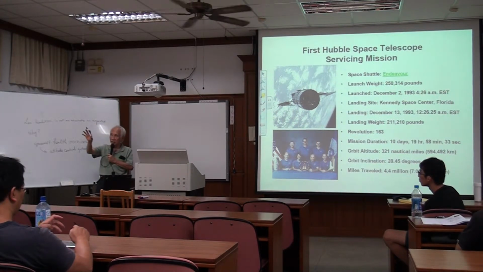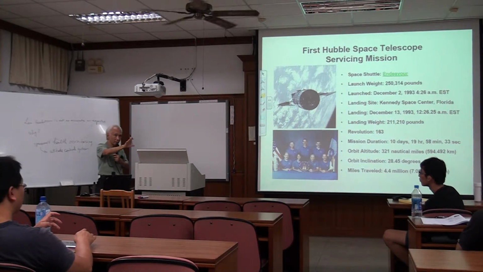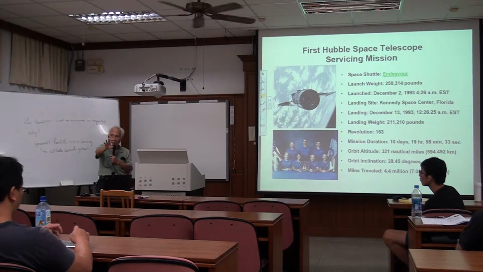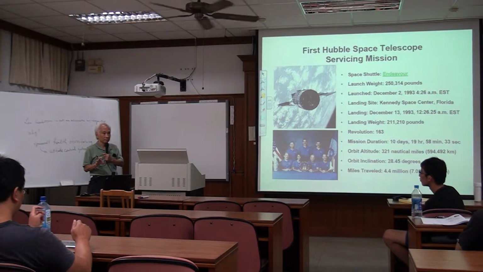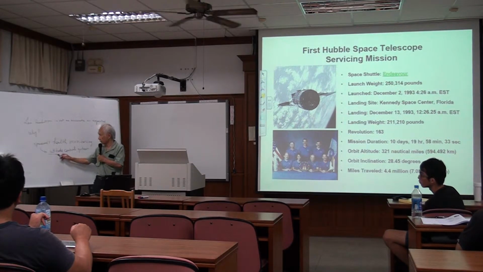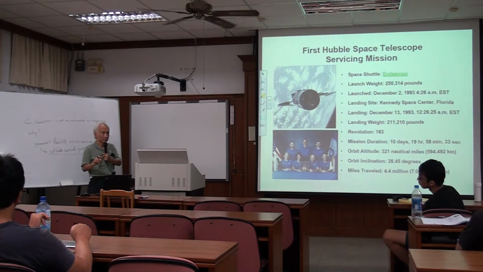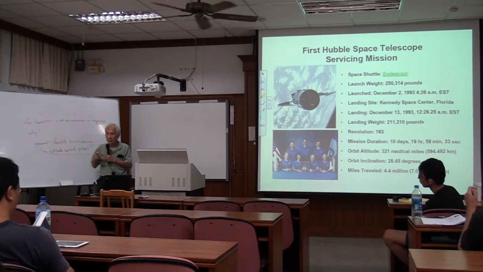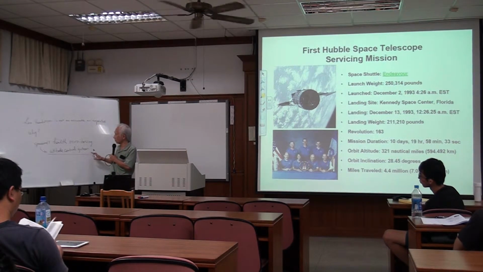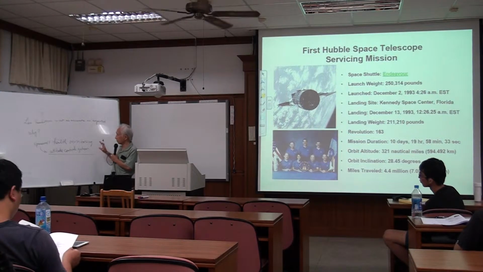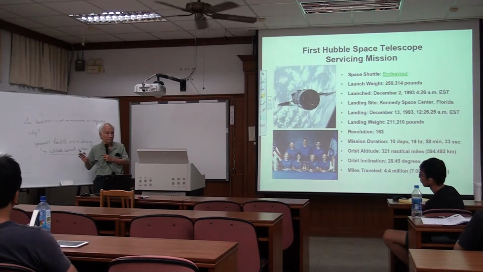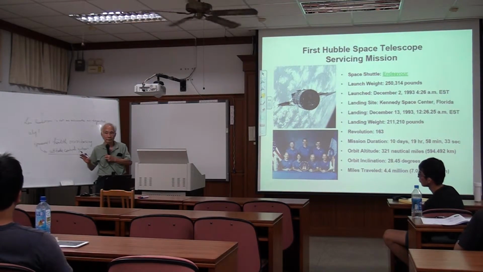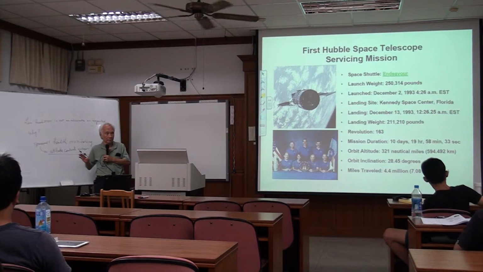We have to say, okay, this is the star I want to see. So I have to move the spacecraft to point at the star. Agree? That's the job of the attitude control system. It maneuvers the spacecraft for pointing. Right?